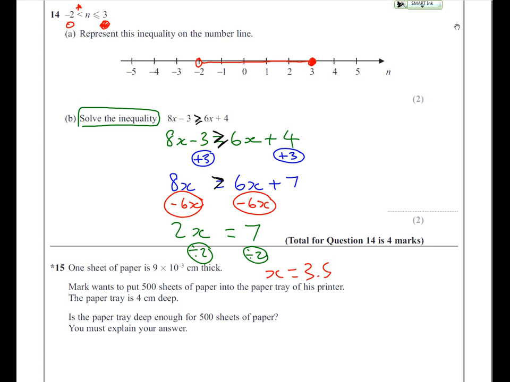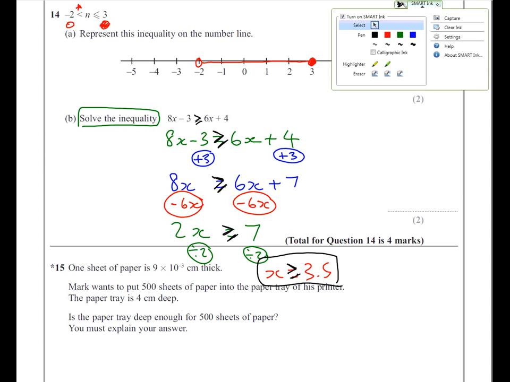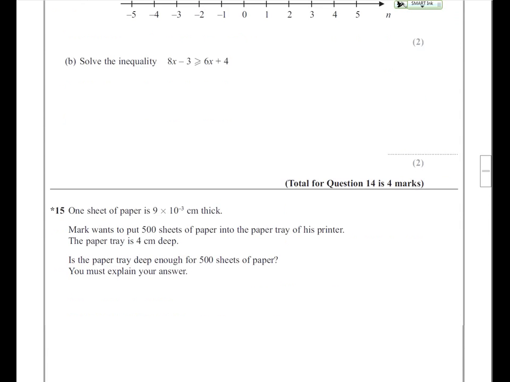And change every equal sign to greater than or equal to. And your final answer is just that x is greater than or equal to 3.5. Okay. Next one.